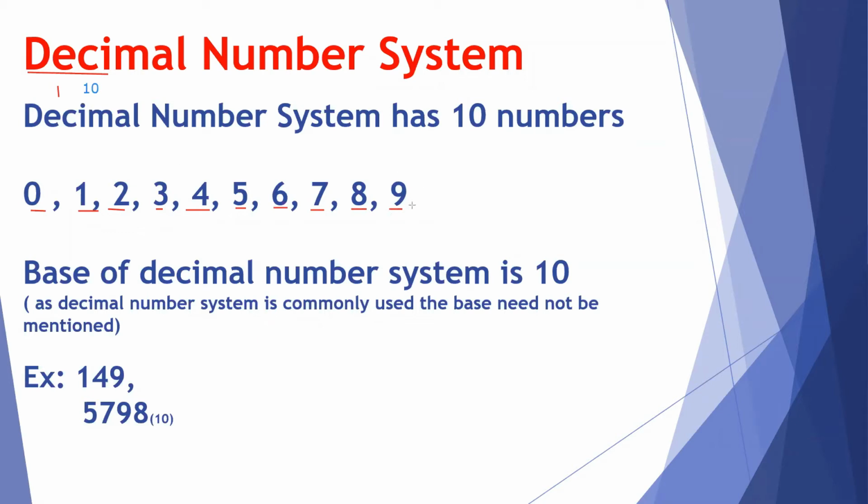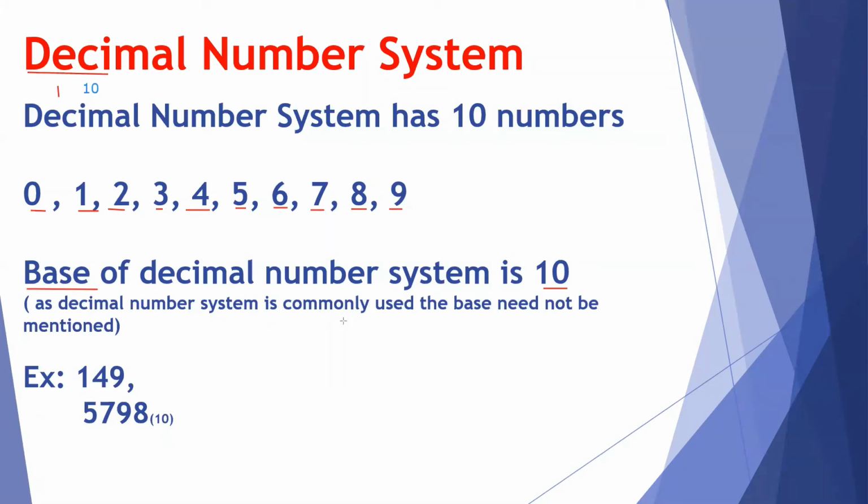We cannot use other numbers. 0 to 9, a total of 10 numbers: 1 to 9 are 9 numbers, and including 0, there are 10. As the numbers present in the decimal system are 10, the base of the decimal number system is 10.